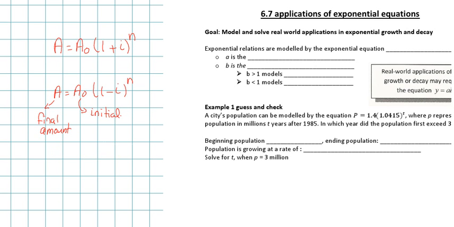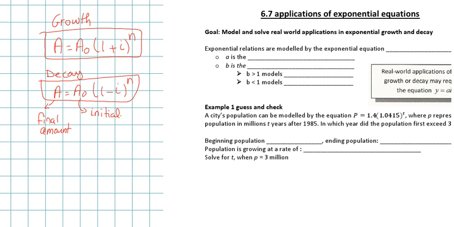So anytime your money is growing, you use this formula, and anytime you are decaying, you use the minus. Now, as I said, the letters will change. It doesn't matter what the letter is, as long as you put them in the right order.